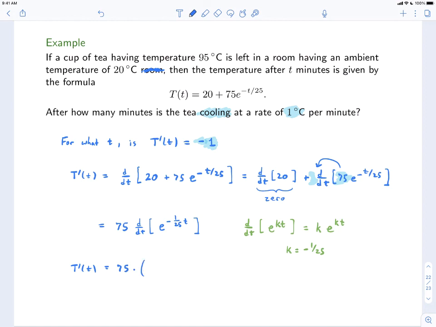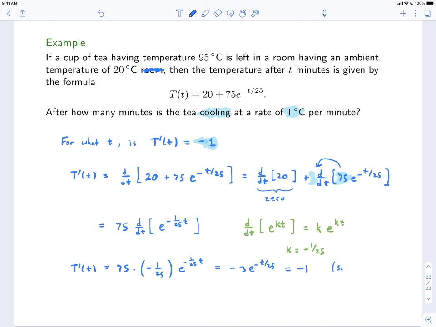So that's just going to be k, which is minus 1 over 25, times e to the k times t, minus 1 over 25 t. So 75 divided by 25 is equal to 3. So this will be a negative 3 e to the minus t over 25. Now what we want is we want this to be equal to negative 1.